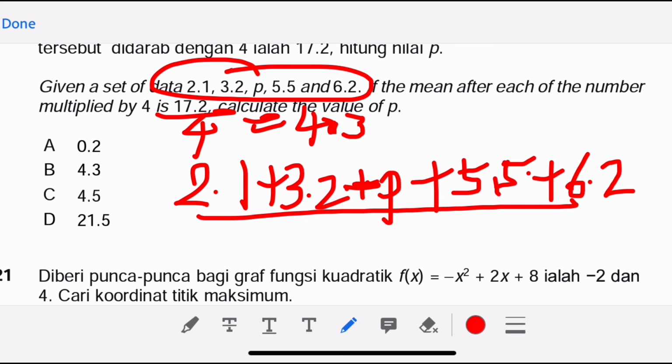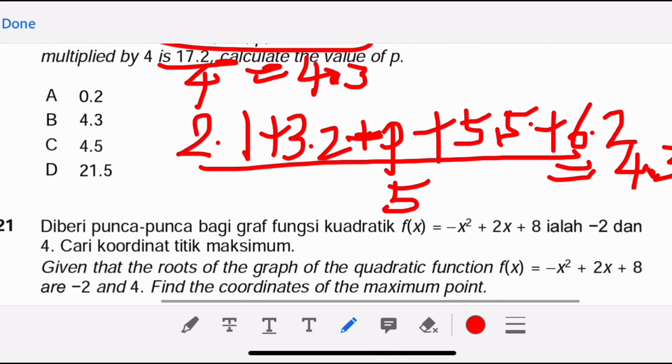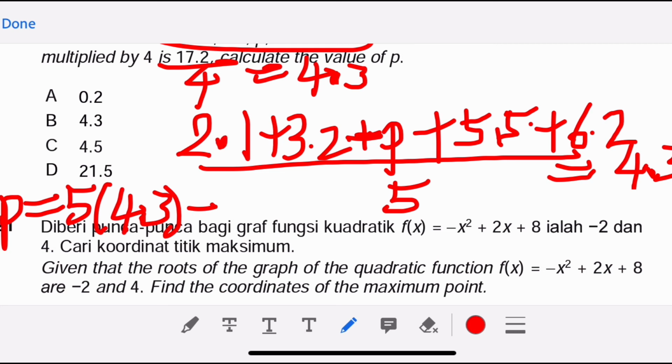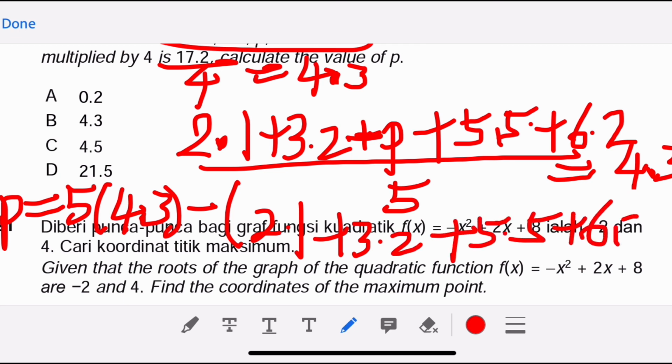So that means for one time, we haven't multiplied by 4. Originally the mean is 4.3. So we have 1, 2, 3, 4, 5 data equal to 4.3, right? So we are going to solve this. So that means P will be 5 times 4.3 minus all these numbers, 2.1 plus 3.2 plus 5.5 plus 6.2.